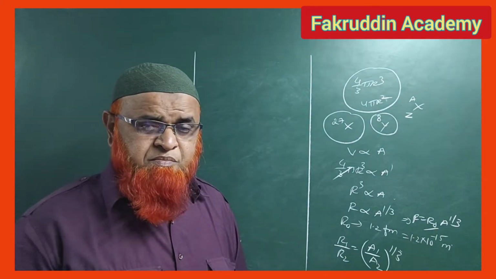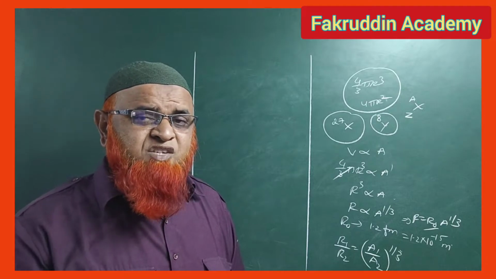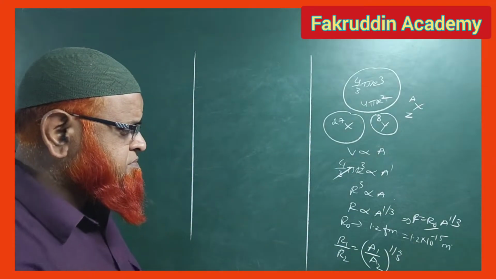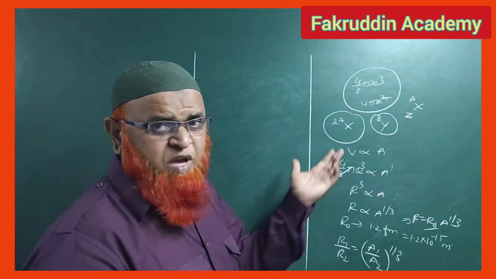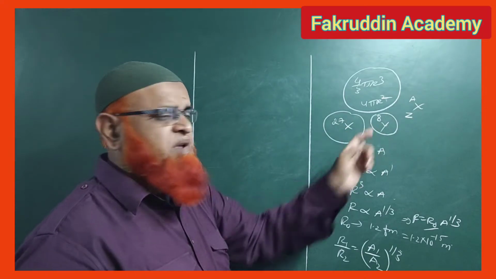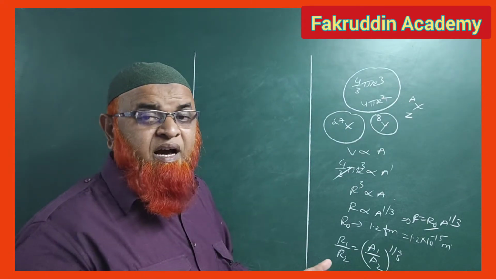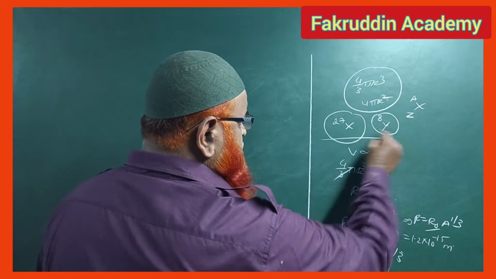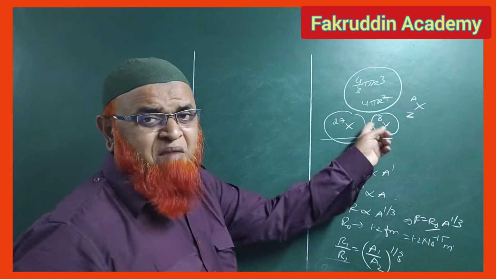Then let us discuss what is the relation between surface area and mass number. As we have said, we have taken one example, elements X and Y having mass numbers 27 and 8. What are the ratios we shall discuss here. Let us find out the ratio of radius of these two elements if their mass numbers are given.